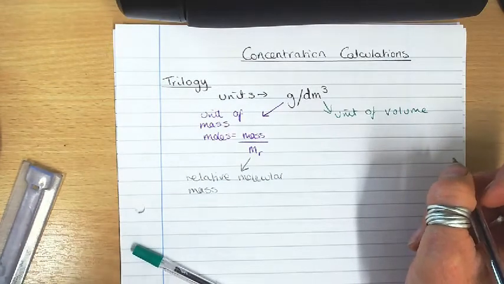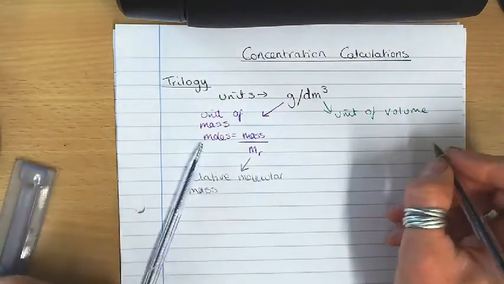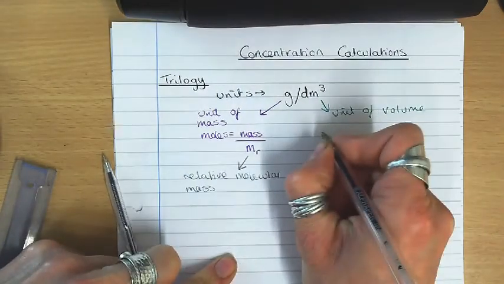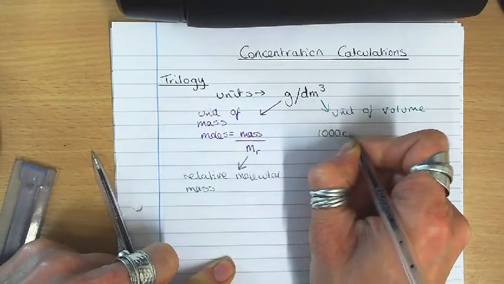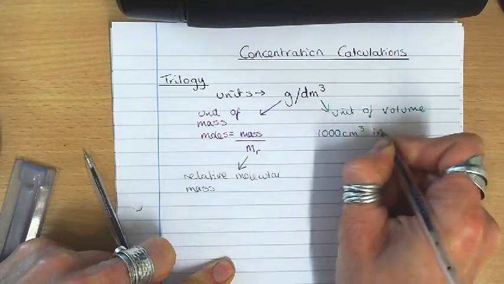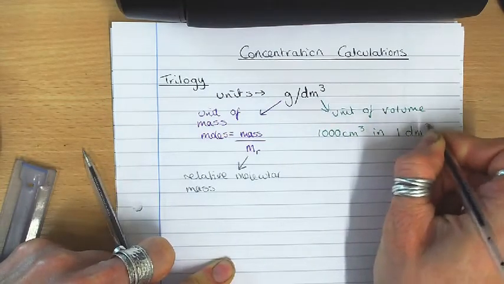There are 1,000 centimetres cubed in 1 decimeter cubed.